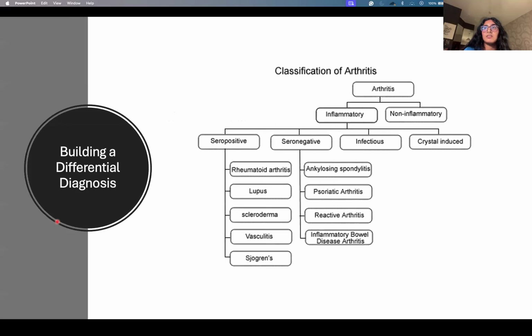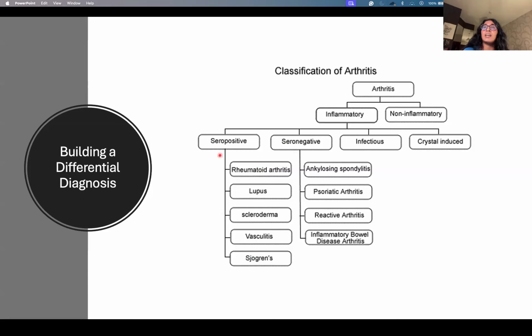So now this sort of summarizes how you should look at it in your head. You've got arthritis, which can be split into inflammatory or non-inflammatory. Seropositive, like I said, refers to anything that's positive for rheumatoid factor. Some of these can be, but they're not routinely in SBA land positive for rheumatoid factor.